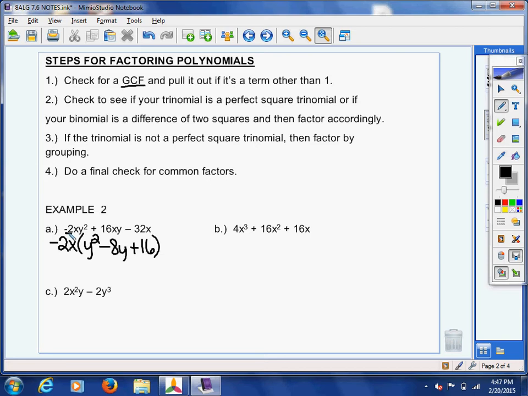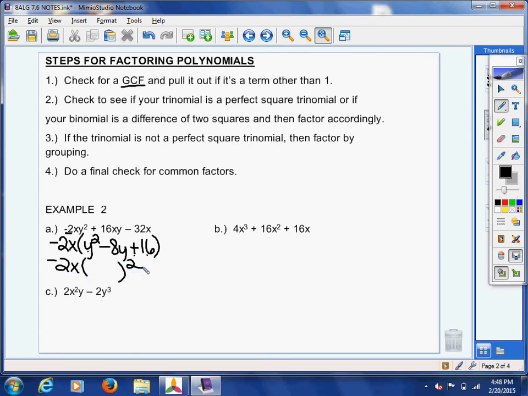Let's see here. We pulled out the GCF. Now, step 2, we have a trinomial. So let's check and see if our trinomial is a perfect square trinomial. y squared is perfect. 16 is also a perfect square, and 16 is positive. This has the makings of being a perfect square trinomial. Now, how do we factor that? Well, you're going to do some quantity squared.